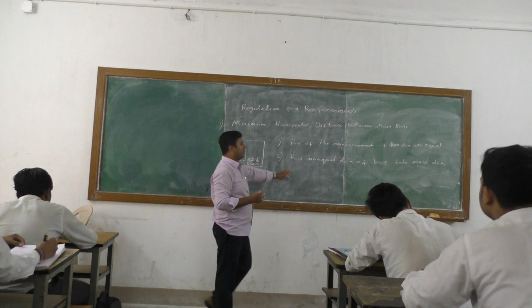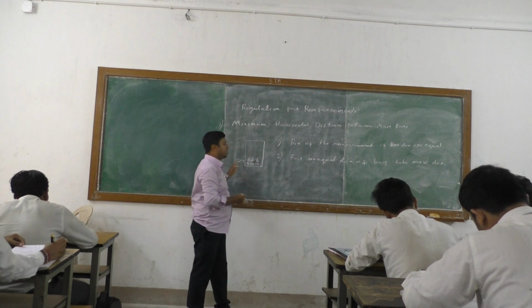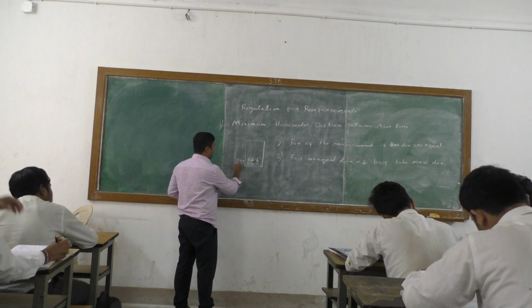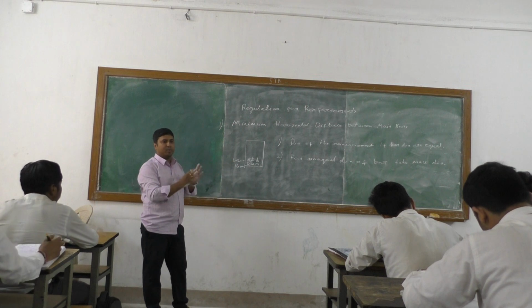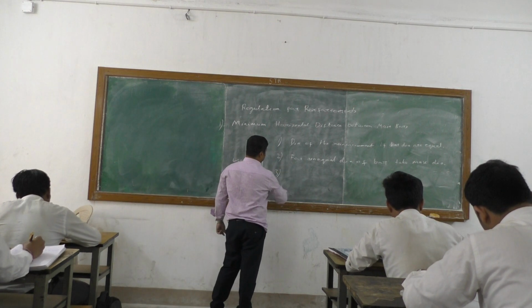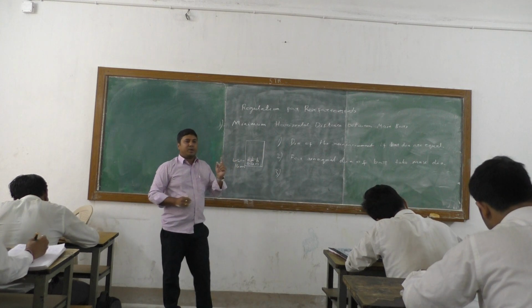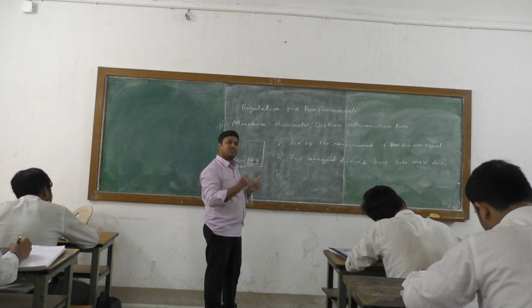For unequal diameter bars, take the maximum diameter of the bar. If the combination is 20 mm and 16 mm, then we go for 20 mm, so the minimum distance between the bars is 20 mm. Another criterion is the nominal size of the aggregate plus 5 mm.